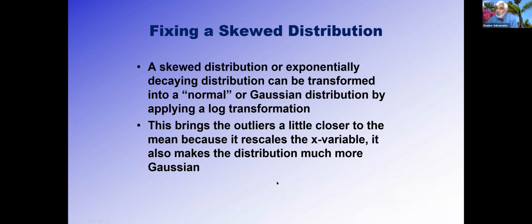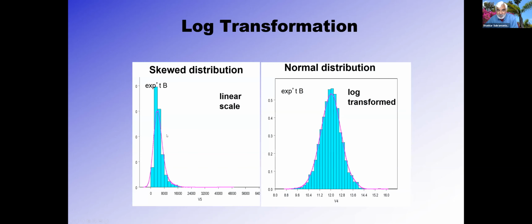And then it brings it to look like a Gaussian. For example, this is my skewed distribution to begin with. And when I log transform it, you can see right away, it goes into a normal-like distribution.